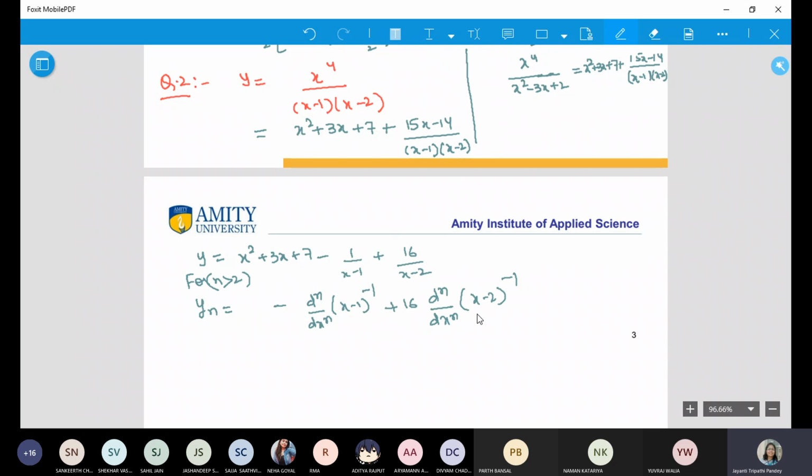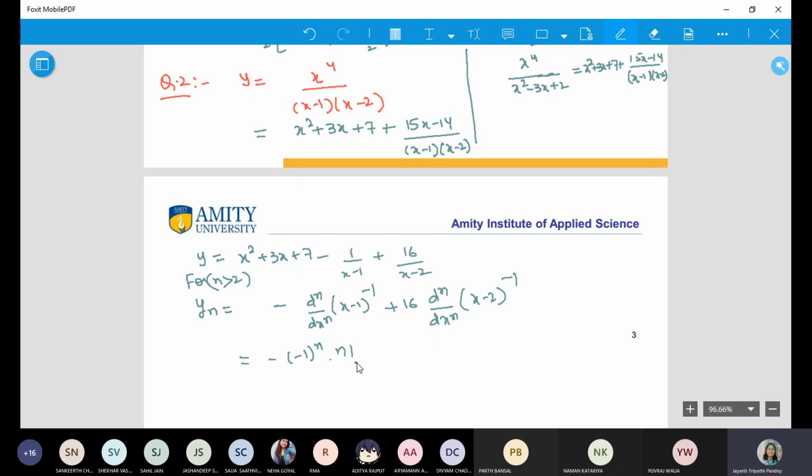Now use the formula that we had. And what was the formula? We had written the formula for n is equal to minus 1, right? Check your previous formula that was given to you. I'm not going to take it again and again. I'm writing it directly.